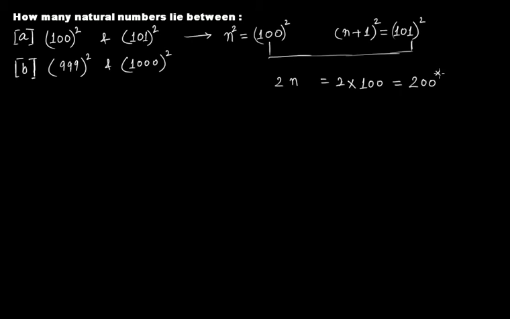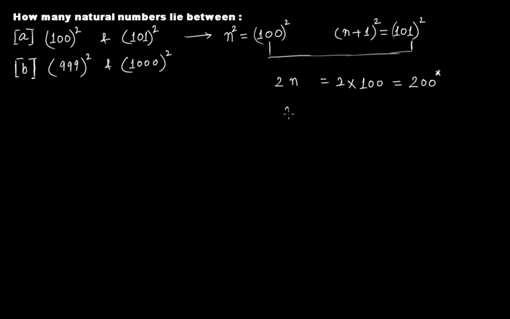This 200 tells us that there are 200 non-square numbers that come between these two consecutive square numbers, 100 squared and 101 squared.